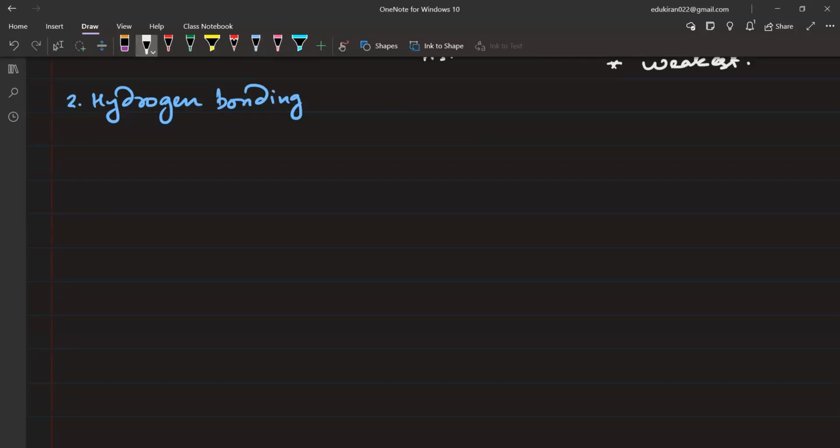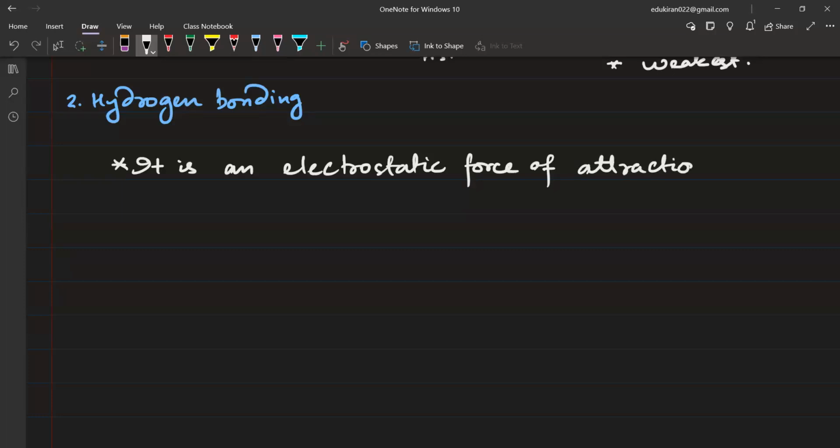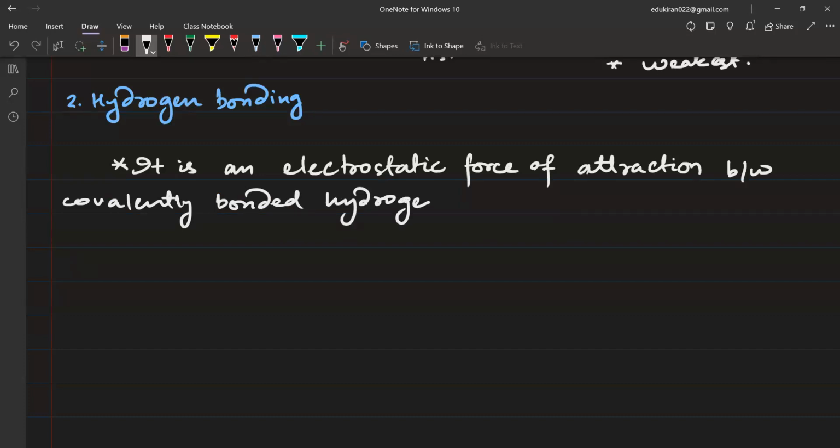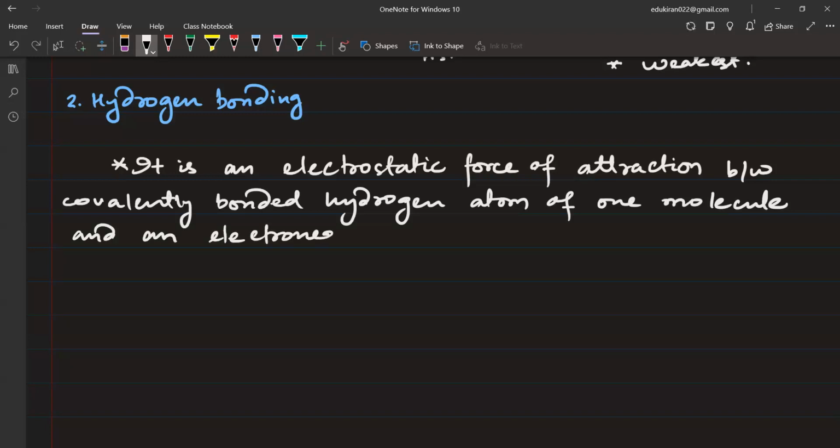It is an electrostatic force of attraction between a covalently bonded hydrogen atom of one molecule and an electronegative atom.